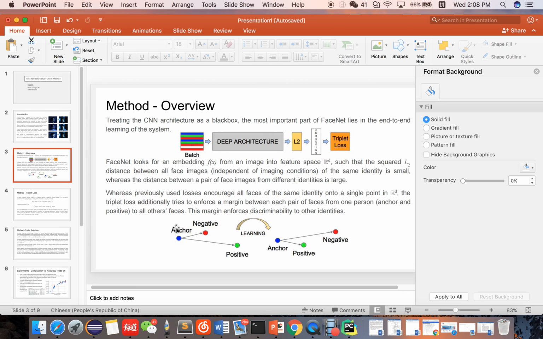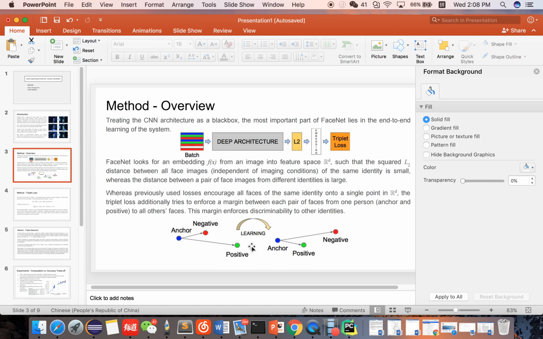As we see in the above part, we need to train the data and make the distance between anchor and positive smaller than the distance between anchor and negative, so we can distinguish positive and negative.